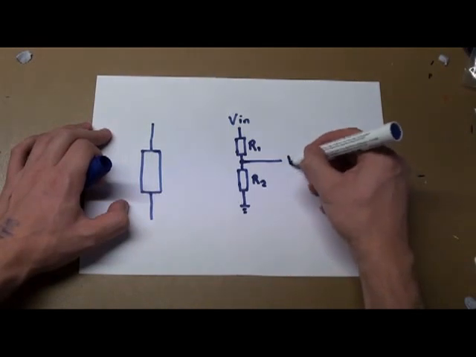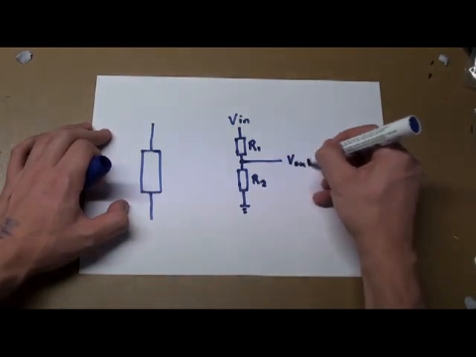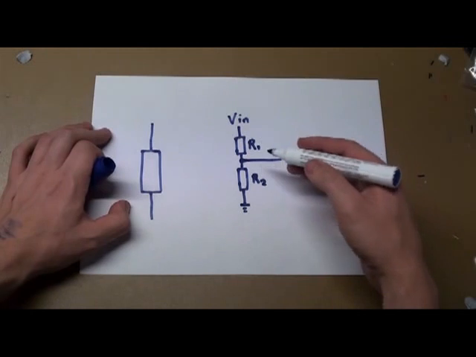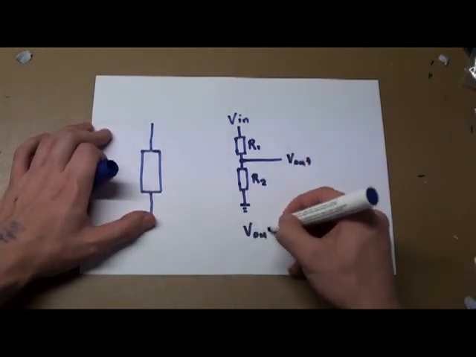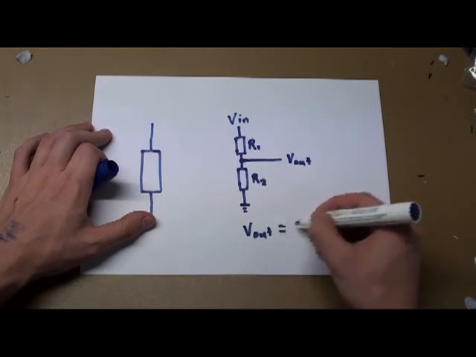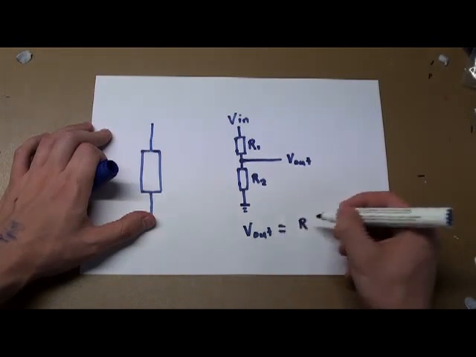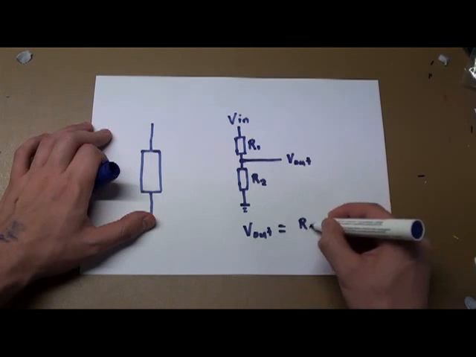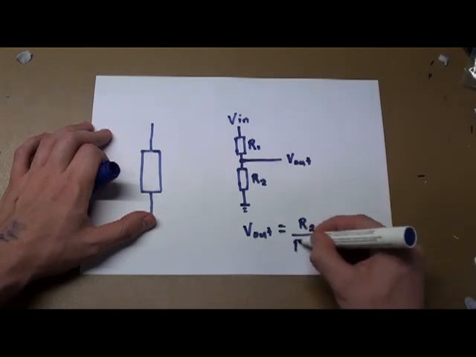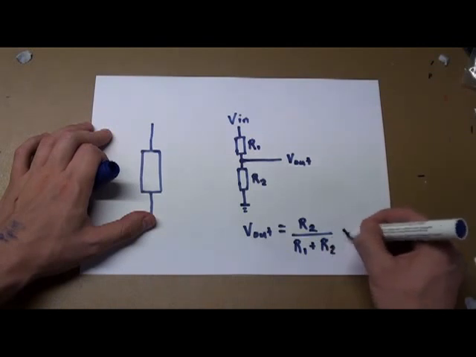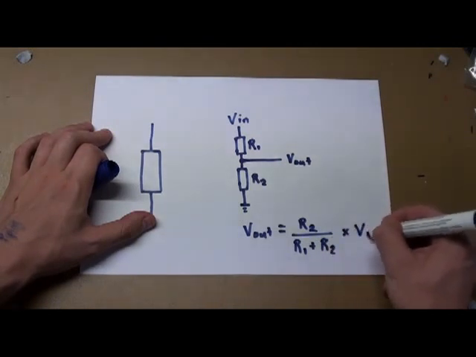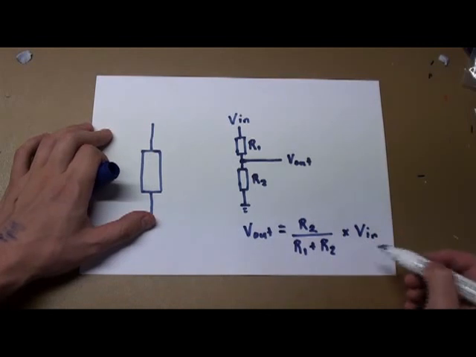Let's call this V out. In the case of a resistor divider, V out equals R2, if I remember correctly, on R1 plus R2 multiplied by V in.